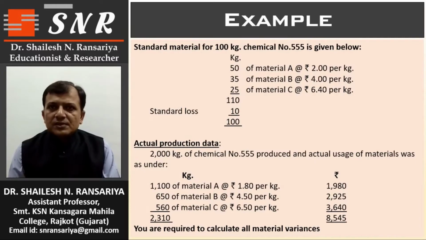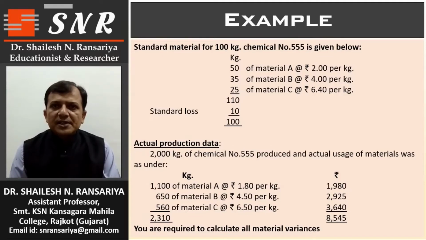Standard mix of 100 kg of chemical number 555 is given below. 50 kg of material A at rupees 2 per kilogram. 35 of material B at rupees 4 per kilogram. 25 of material C at rupees 6.4 per kilogram.